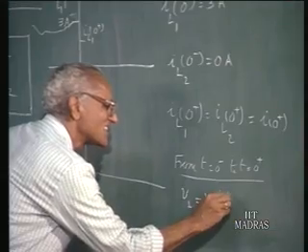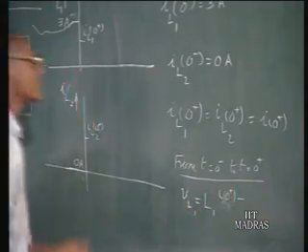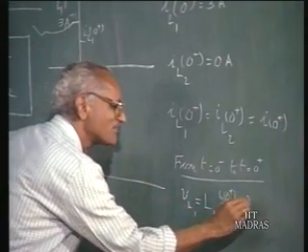So we write I0+ minus the original current, 3 amperes.